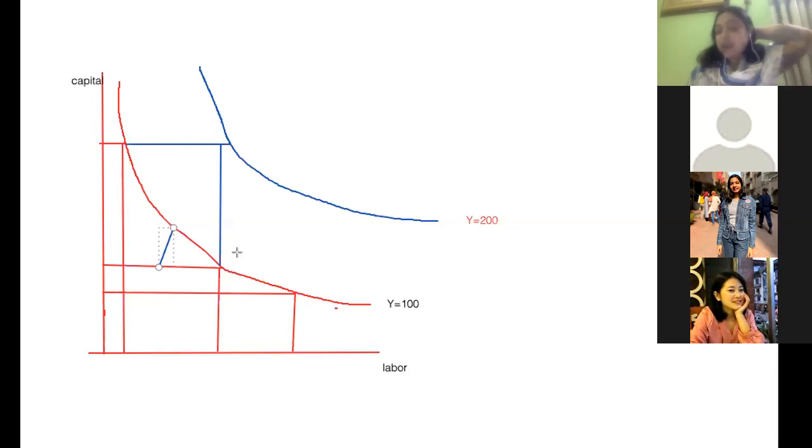Okay, so this is the isoquant. We first proved that it is downward sloping, and that higher isoquants reflect a higher level of output. Then the other property we talked about is that isoquants cannot intersect.